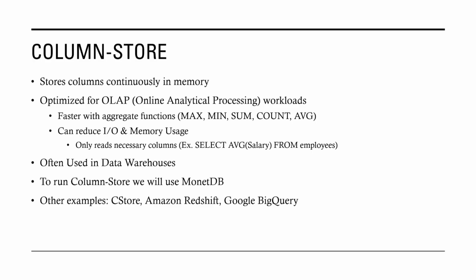The efficiency comes from its ability to reduce I/O and memory usage because it only reads the necessary columns, such as when you need to find the average salary from an employees table. For our column store testing, we will be using MonetDB. Other examples include Amazon Redshift and Google BigQuery.